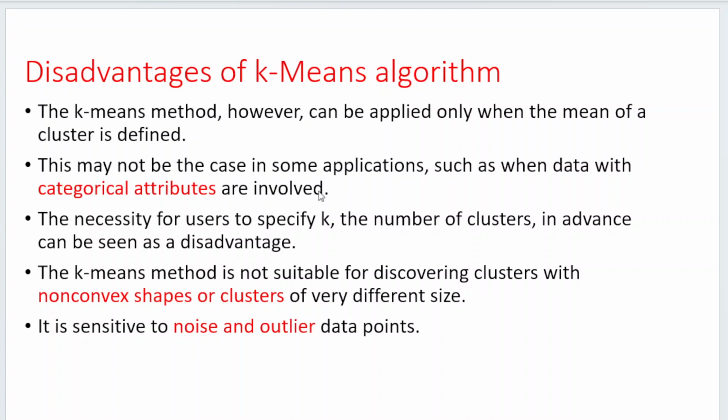And the k-means method will not be useful for discovering clusters in arbitrary shapes like S shape or W shape, any arbitrary shaped clusters we can't find out with the help of the k-means algorithm. And one more important point is it is very sensitive to noise, outliers and data points also. So this is one of the important things of the k-means algorithm.